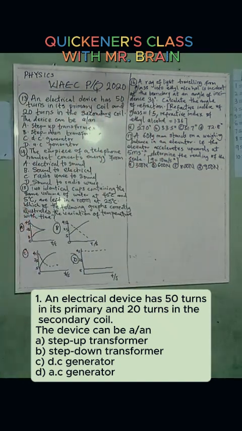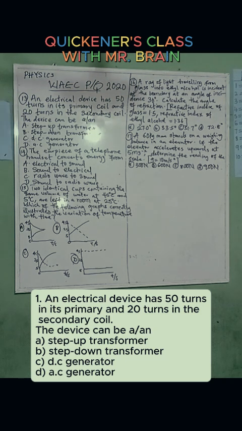So you look at them, we have the first question. Can we read together? An electric device has 50 turns in the primary coil and 50 turns in what? In the secondary coil.